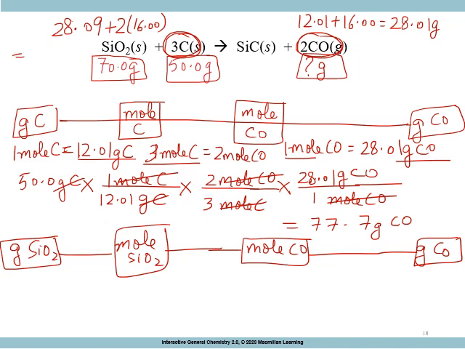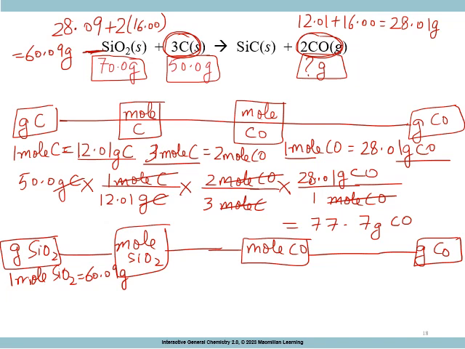If you add it all up, it gives you 60.09 grams, which means 1 mole of SiO2 is 60.09 grams. Now mole to mole is right here.